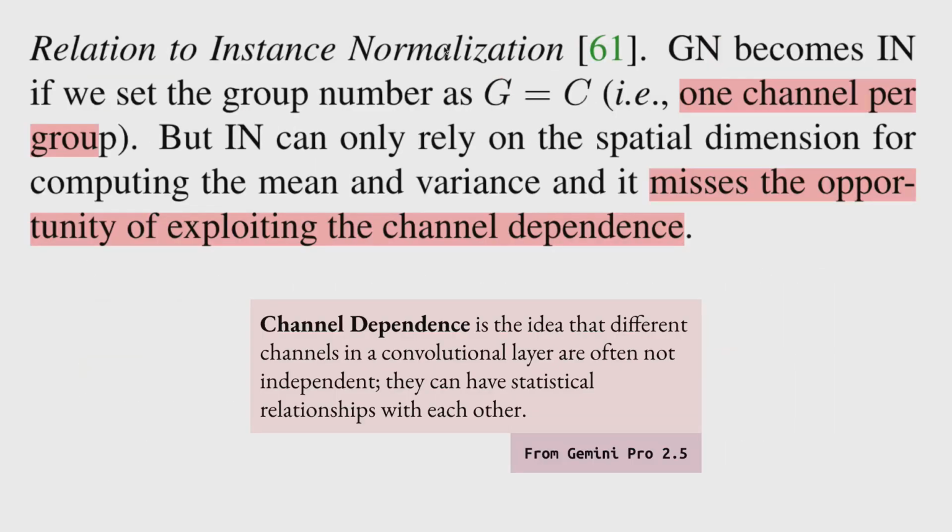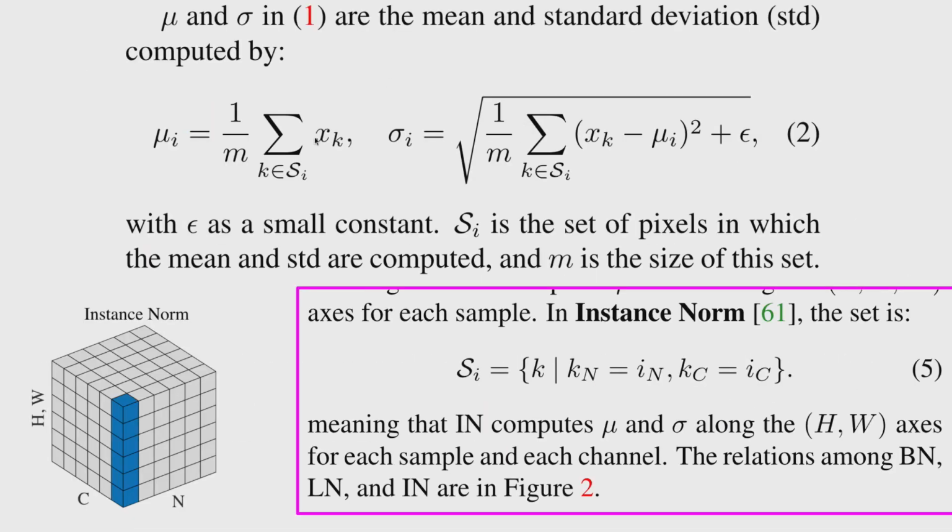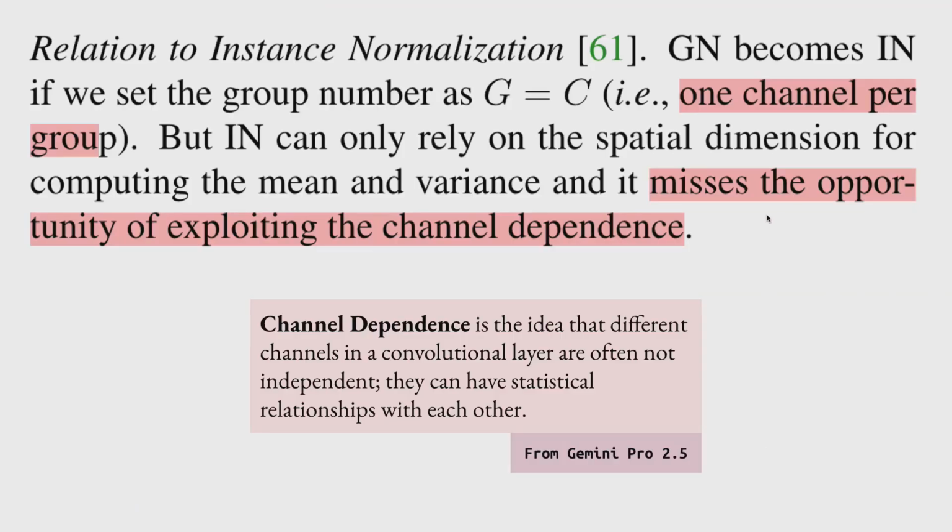And then when we look at instance normalization, group norm becomes instance norm if we set the group number as G equals C. So 1 channel per group. So here is instance norm. Here is 1 channel per group and across 1 single image. What they say here, and this was interesting, and this kind of goes back to the motivation of group normalization: in instance norm, we can only rely on the spatial dimension for computing the mean and variance.